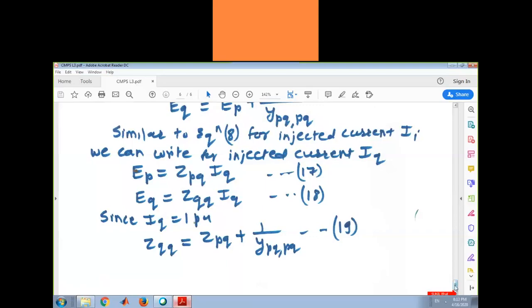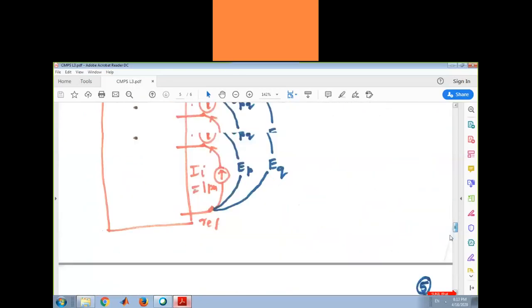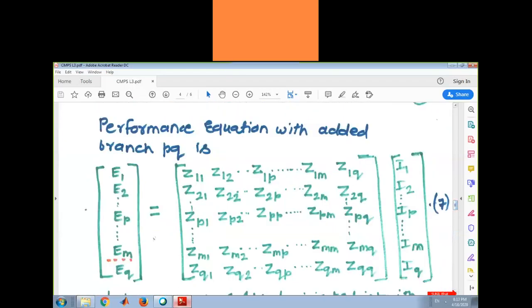So the whole last row and last column, each and every element of Z bus, we are able to find out. And it is very simple also, it is not very difficult.